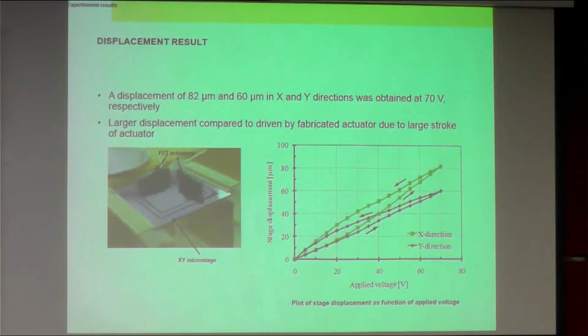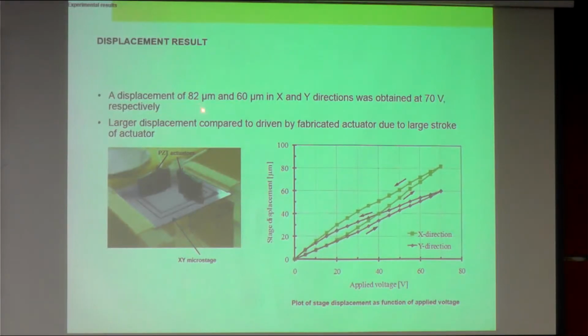Then what was obtained is a displacement of 82 micrometer. If you remember previously, we had only about 58 micrometer displacement, but here it is 82 because with a high-force piezoelectric actuator, you can overcome the spring constant and have a larger displacement. So even at 70 volt, we get 82 micrometer.